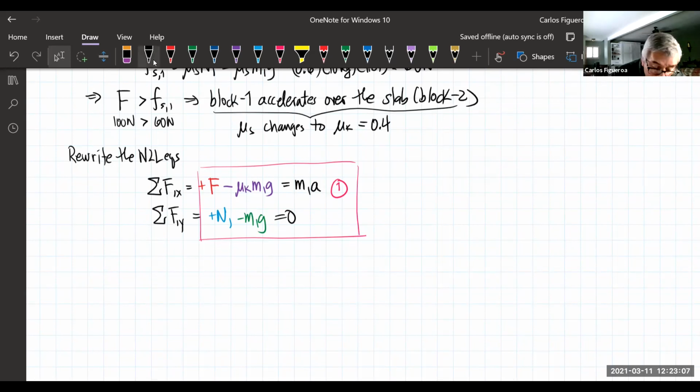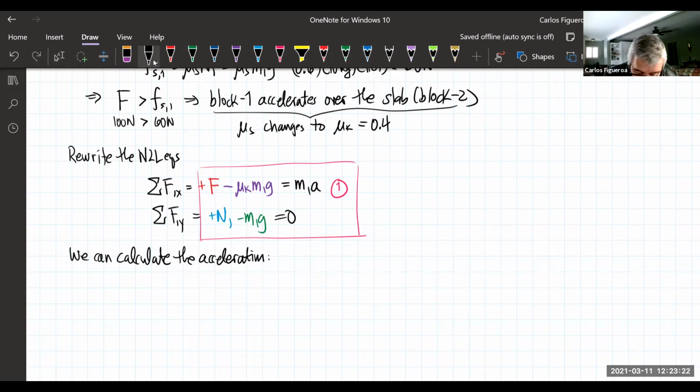So now we can calculate the acceleration. So if I do that, you could see here that if I isolate A, I just got to divide this quantity by the mass of 1. Look at that. I dropped the mass. No, I didn't.